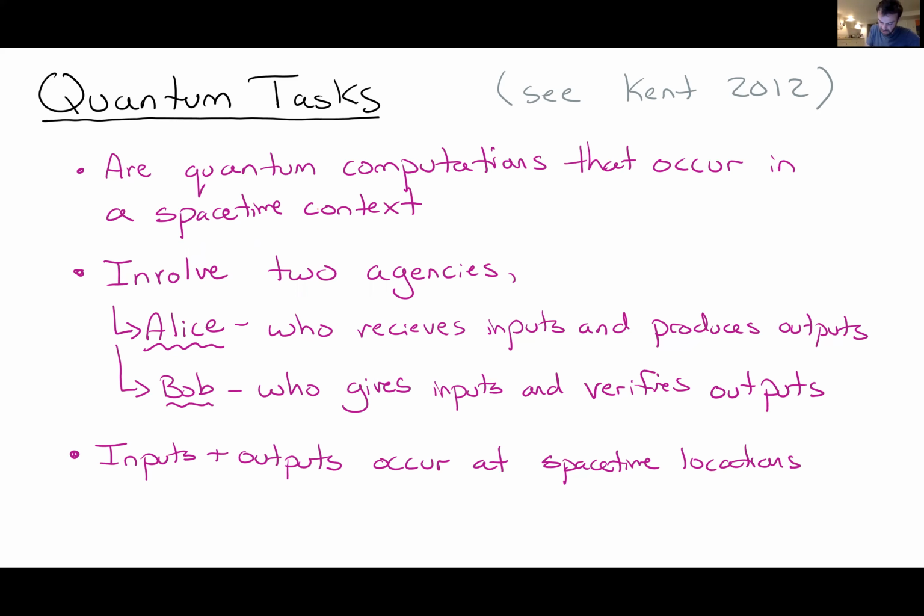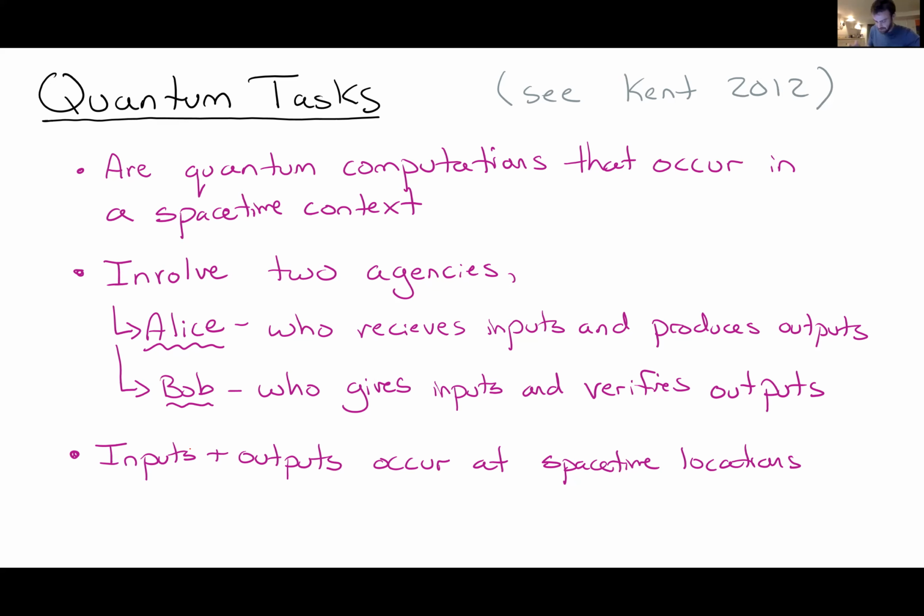Alice is the person receiving inputs, doing something to them, and then producing the corresponding outputs. Bob is the person who prepares the inputs, gives them to Alice, and then receives the outputs from Alice, and will do something to check that they're what they're supposed to be.